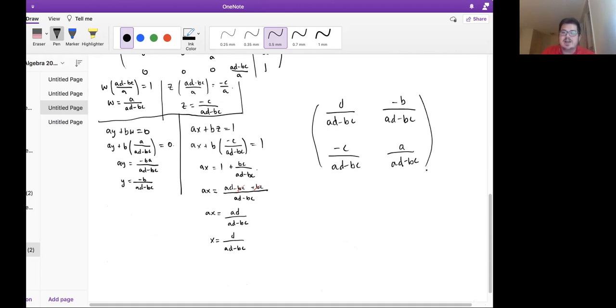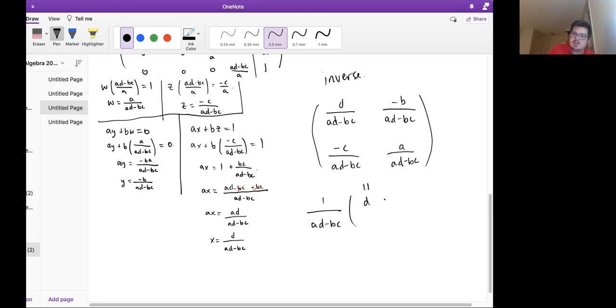All right, that's actually kind of nice, right? All of the entries have a common factor. What's the common factor? Right, 1 over ad minus bc.